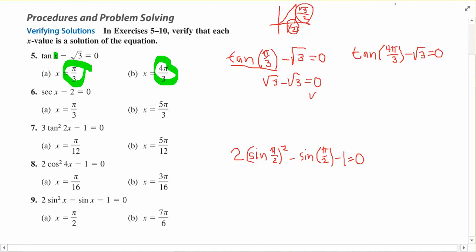Okay, now how about 4 pi over 3? Well, it's the same triangle as this one, but it's in the position where 4 pi over 3 would be, like this in the third quadrant. Now, the one thing that changes here is that I'm going to have a negative 1/2 and a negative root 3 over 2.